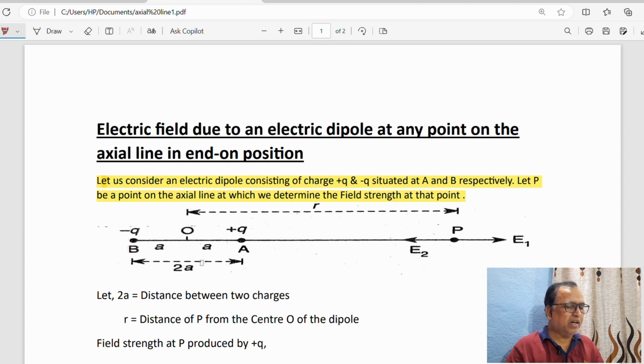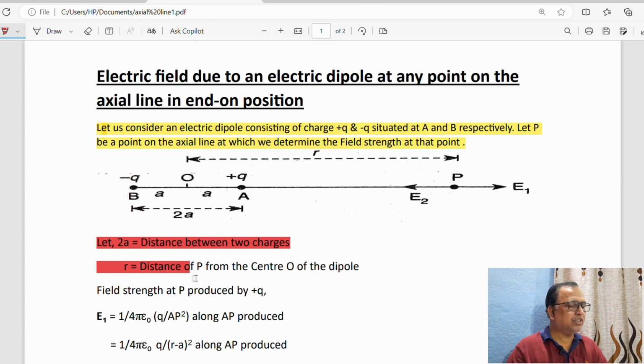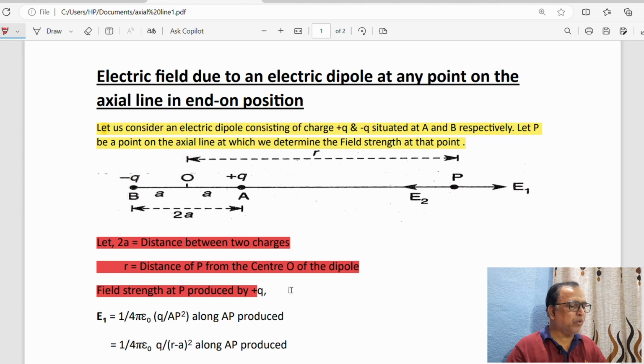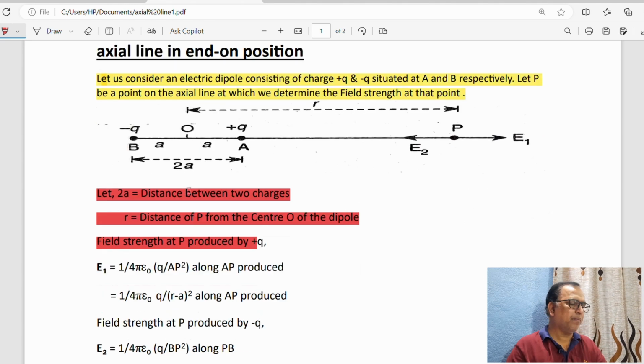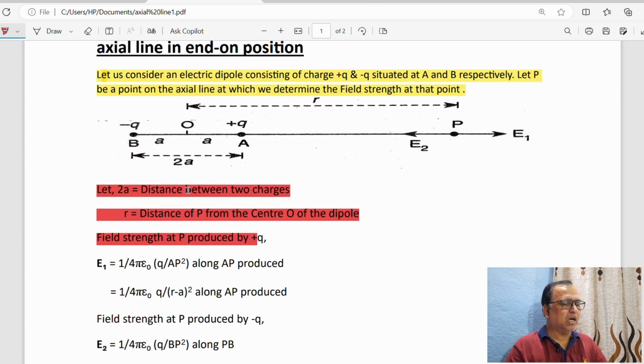Then we can find out the field strength. r is the distance of P from O, at which we find out the field strength.